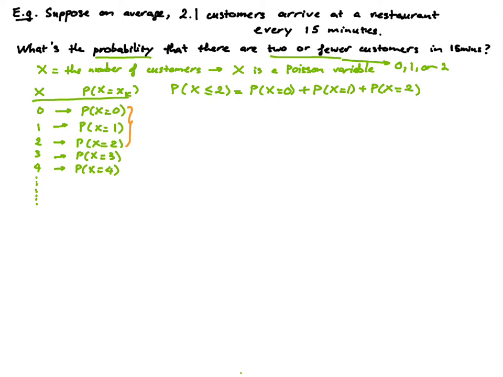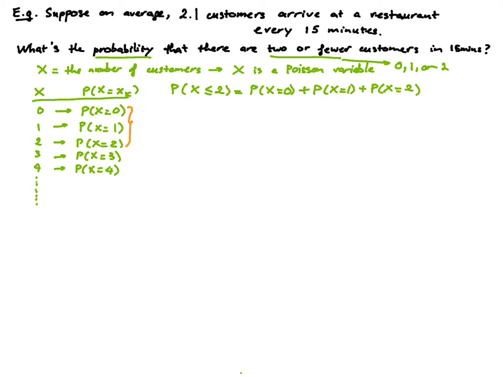Now at this point there are 2 ways to proceed. The first way is to plug numbers into the formula that we had, and then do the calculation and get the answer. An easier way, in my opinion, is to use the Poisson table. And to use the Poisson table, we need to identify the mean number of occurrences.